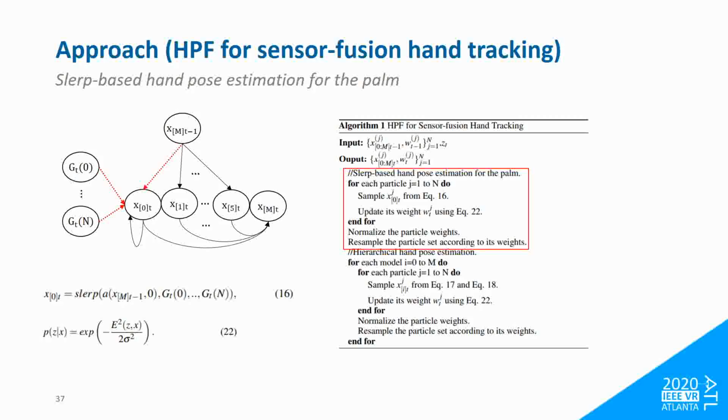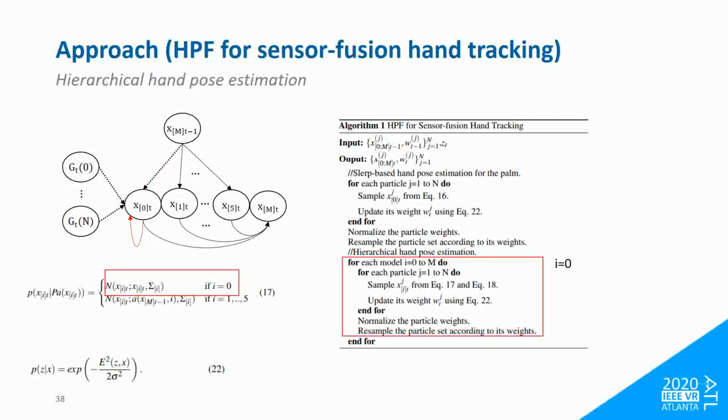For the slope-based sampling, we evenly sample the particle poses from the previous solution and the gyro poses, and then we resample the particles from the observation likelihood. Next, we sample the particles once more from the updated state S0 with a normal distribution, because slope-based sampling is limited to the gyro trajectory. So we fine-tune them once more, and then we resample the particles again.